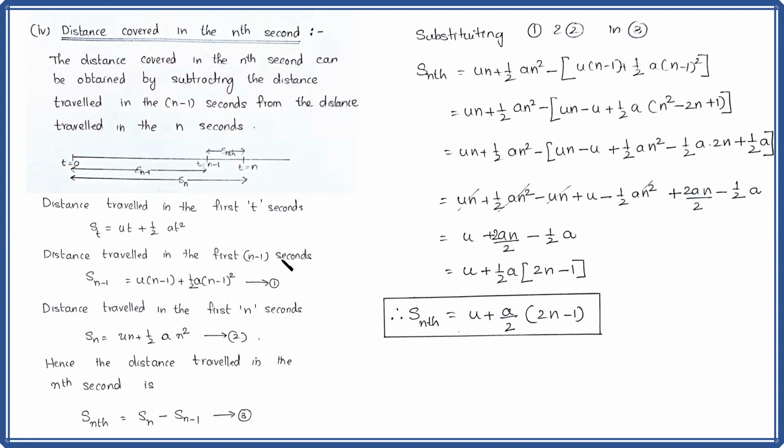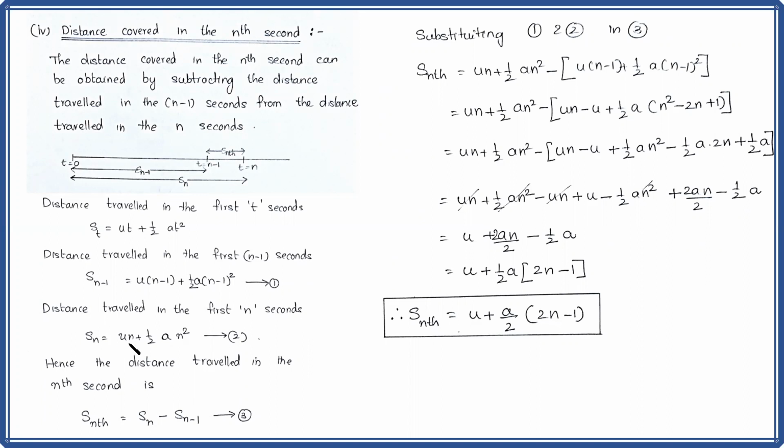Distance traveled in the first n minus 1 seconds, Sn minus 1, u into, in place of t, we will substitute n minus 1, a, and then half a, and in place of t we will substitute n minus 1 whole square. So Sn minus 1 is equal to u into n minus 1 plus half a into n minus 1 whole square, equation number 1.